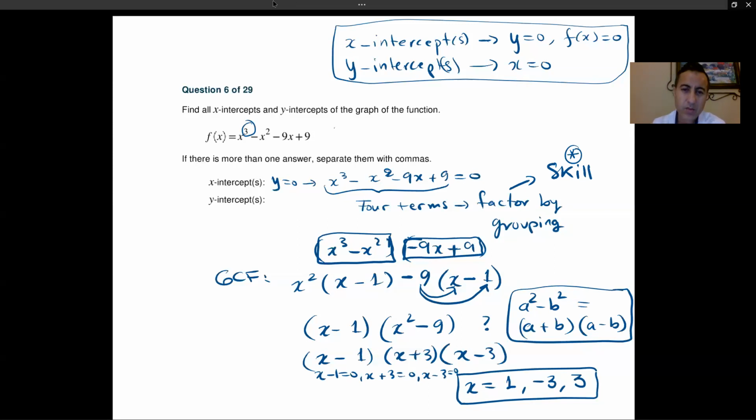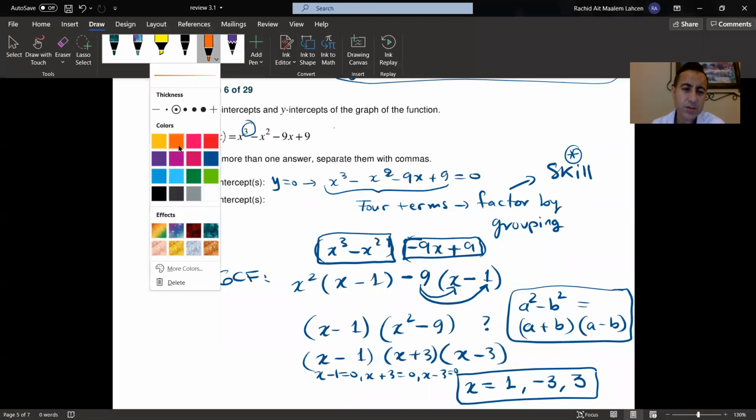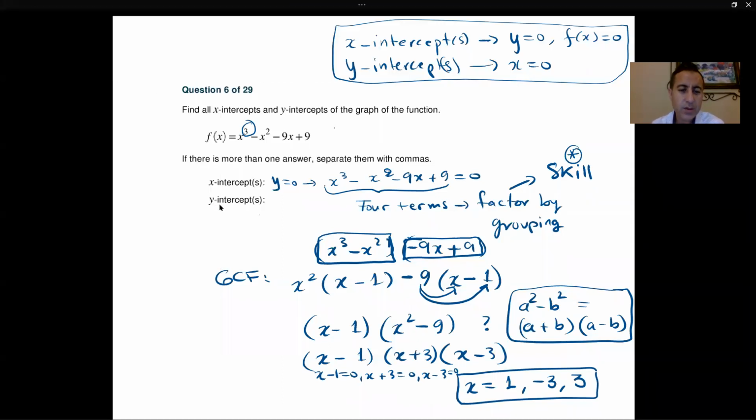Then when we get to the y-intercept, maybe we'll try a different color just because this screen is getting busier. So for the y-intercept, x equals 0, 0, 0, 0, 9, right? So this one is not a problem, right?